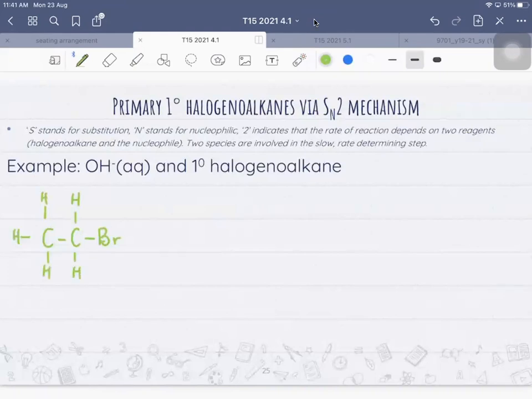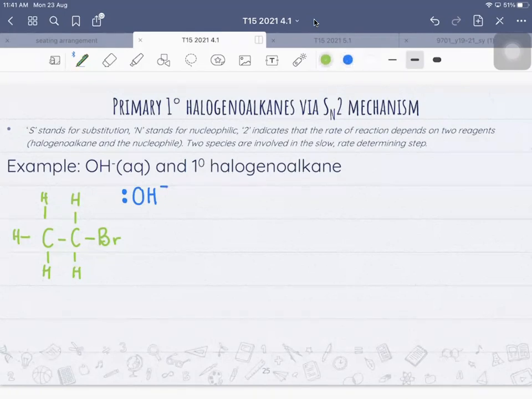So that's a bromoethane, and the nucleophile is hydroxy, OH minus. And the lone pair is on oxygen. It is important that the lone pair is on oxygen.